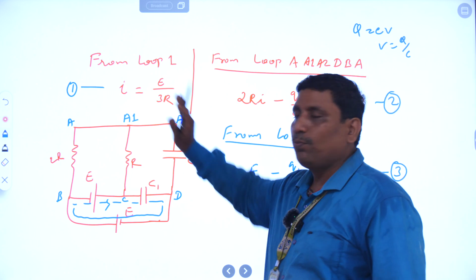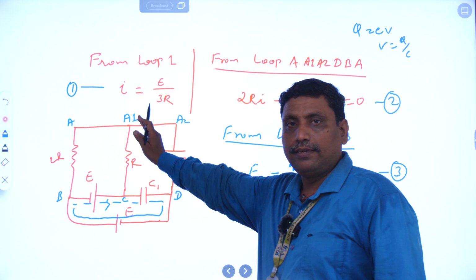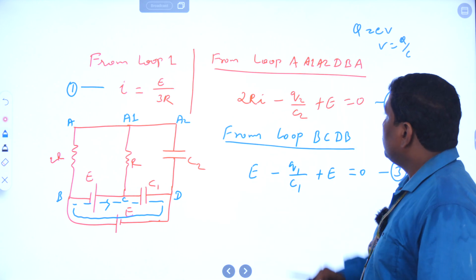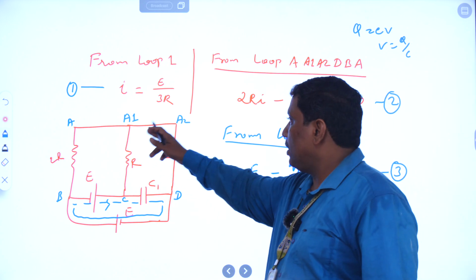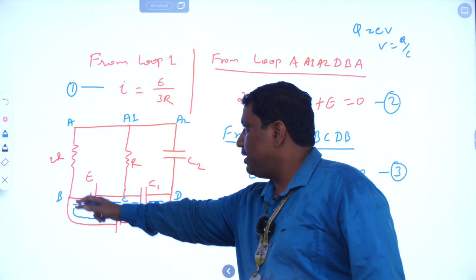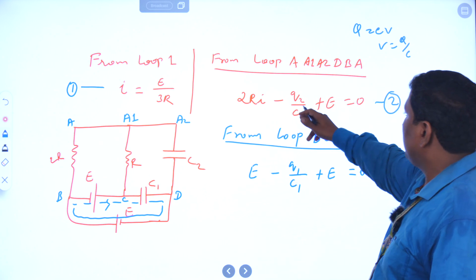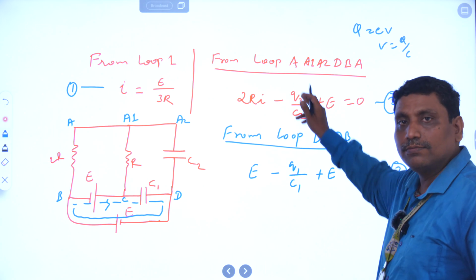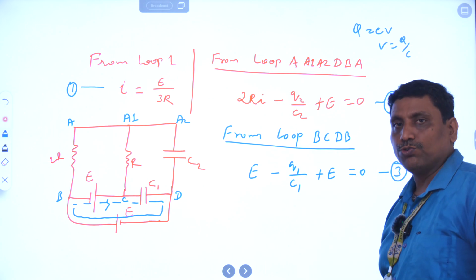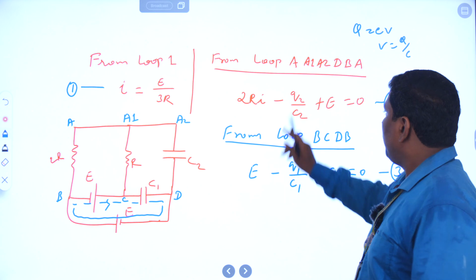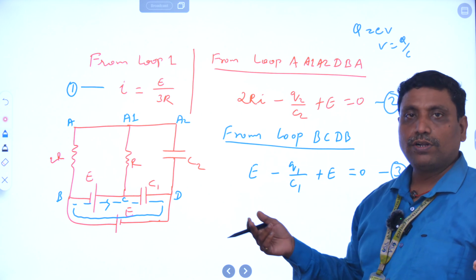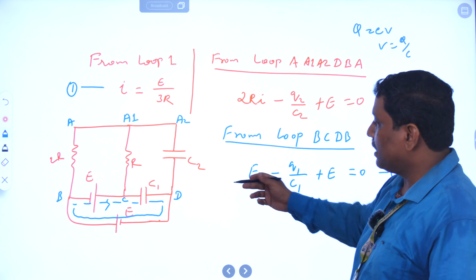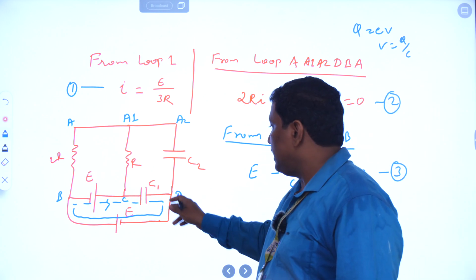So from loop 1, identify the current I, so I equal to E divided by 3R. Then the outer loop I can consider A, A1, A2, D, B, A. Using this loop, apply the KVL equation, then this is in terms of Q2 divided by C2. Clear? But in both the equations there is no C1 term, but the question is to find the ratio C1 divided by C2. That's why I consider one more loop, that is BCDB.